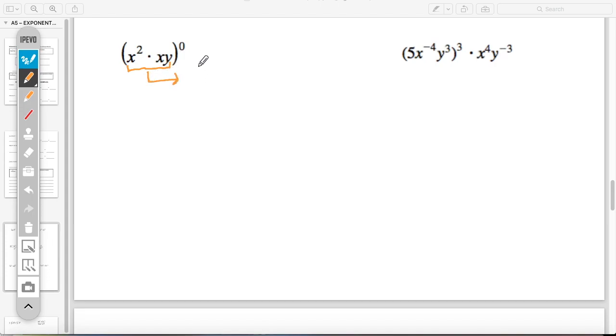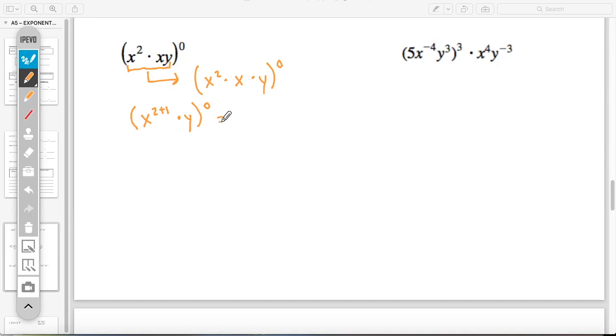I have my parentheses, x squared times x times y, again all to the 0th power. I'm going to combine these x's using the product property. So I have x to the 2 plus 1 times y, again to the 0th power.